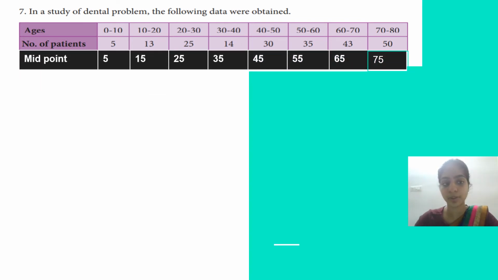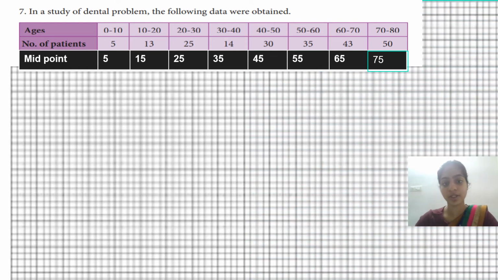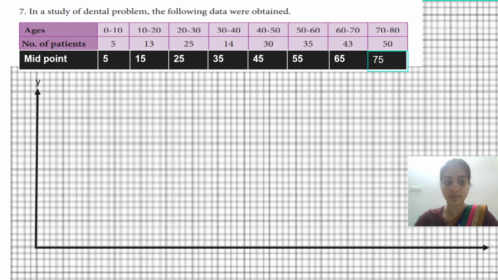So for 0 to 10, the midpoint will be 5. 10 to 20, the midpoint will be 15. And so on: 25, 35, 45, 55, 65, 75. We find the midpoints for each class interval. Once the midpoints are ready, we start to draw the graph. We start with the x-axis and y-axis and mark them x and y. After that, we mark the point 0, and I have distributed the x-axis into 0 to 10, 10 to 20, 20 to 30, and so on as the class interval goes on.